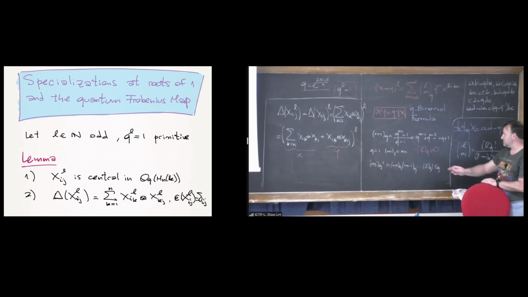And every time this term appears, this number is 0. So actually, what holds is that the combinatorial Q number is 0 when M is not 0 and not L. It's in between.